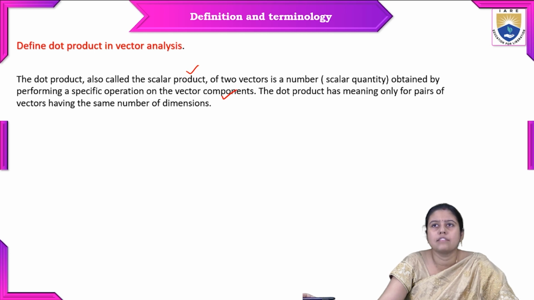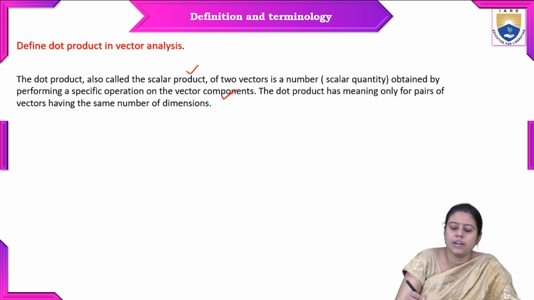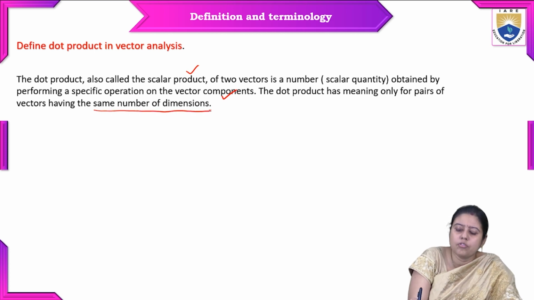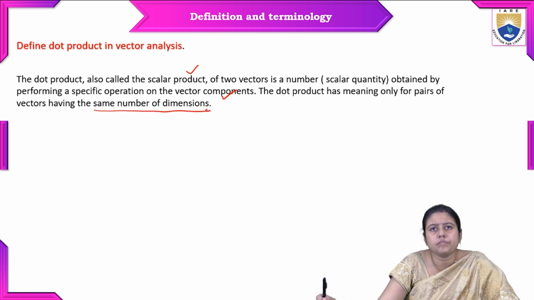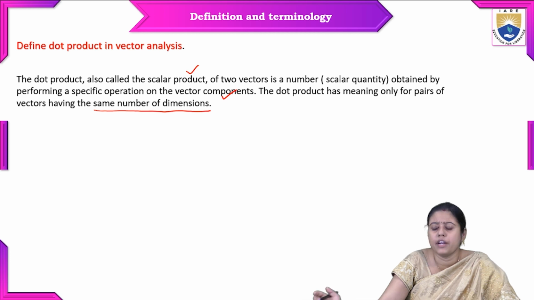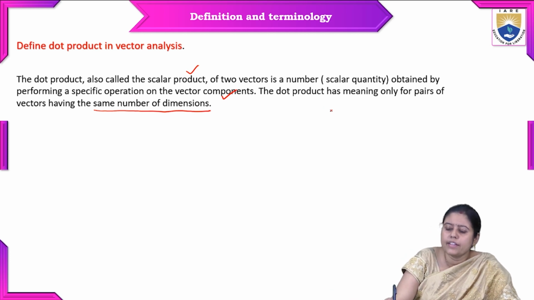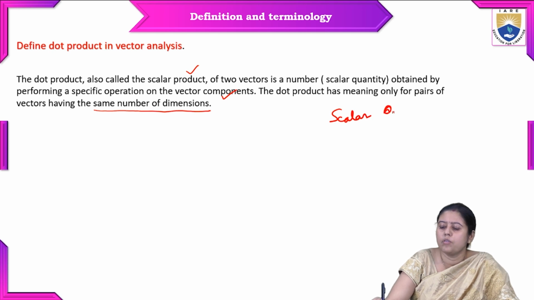The dot product has meaning only for pairs of vectors having the same number of dimensions. So the output must be a scalar quantity.